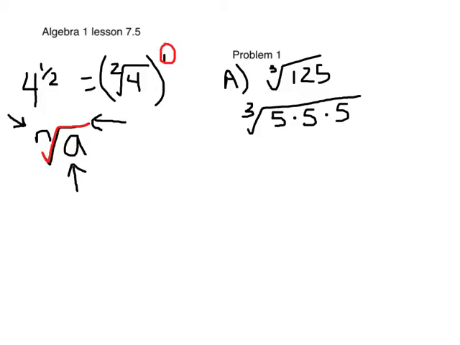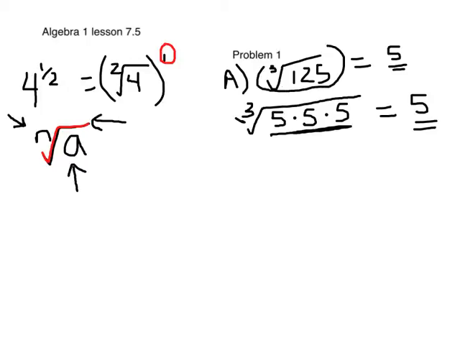And since we can see that there are 3 of these in here, and there's a 3 out here, we know our answer is going to be 5. All this is saying is 5 times itself 3 times is 125, and that's what the problem was asking us for.